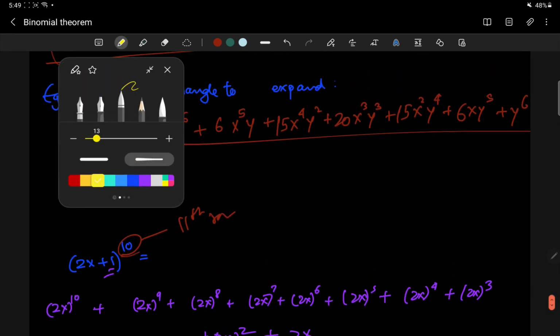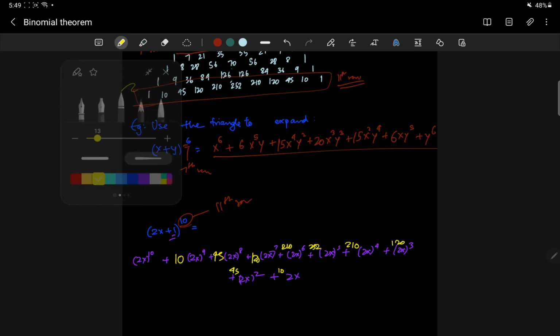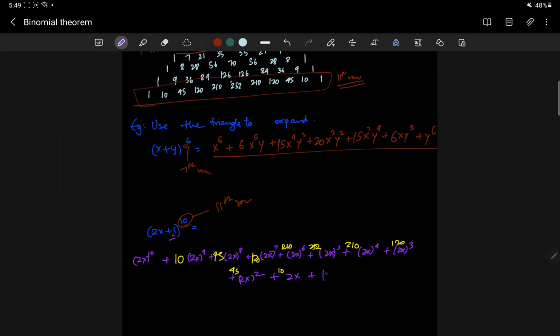And then I just have to copy these coefficients down. So I have 1, then 10, 45, 120, 210, 252, 210, 120, 45, 10, and then a 1, so plus 1, because the last one is going to be 1 raised to the power 10, which is 1. So that is using the Pascal's triangle.